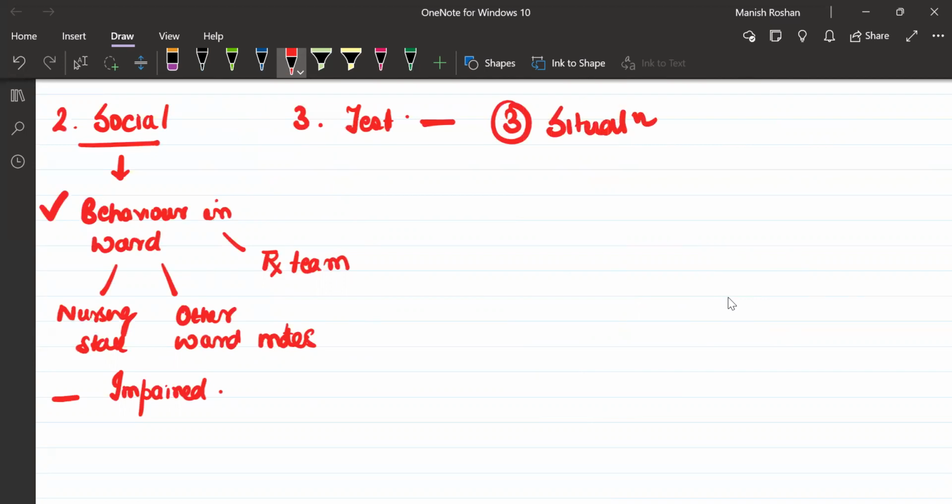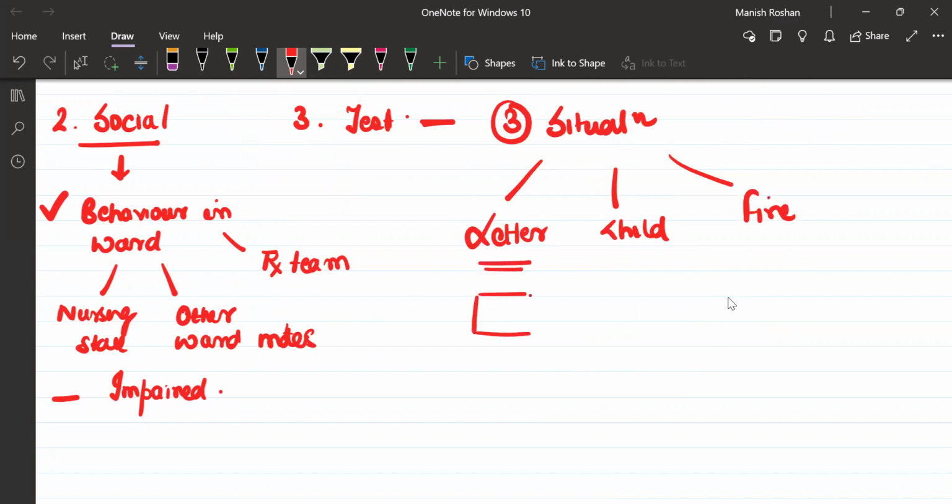These three situations can be the letter situation, the child situation, and the fire situation. For example, regarding the letter, you can say there is a letter on the road. What would you do? If he says he'll pick up the letter and keep it, that is fine.